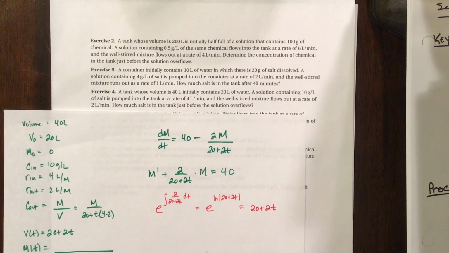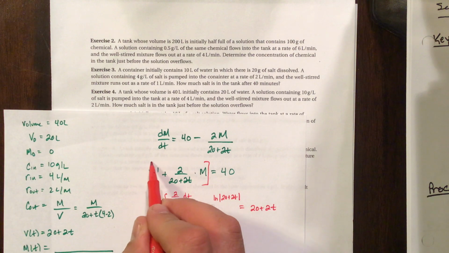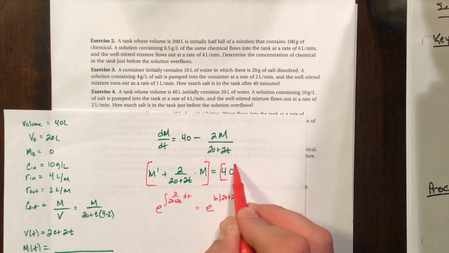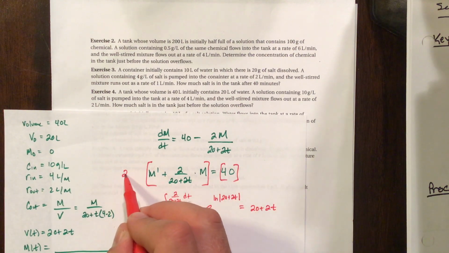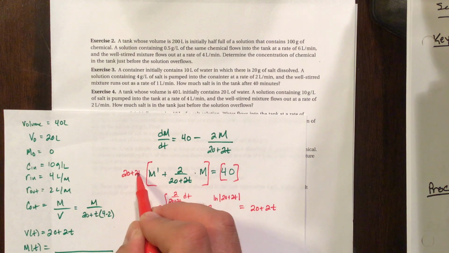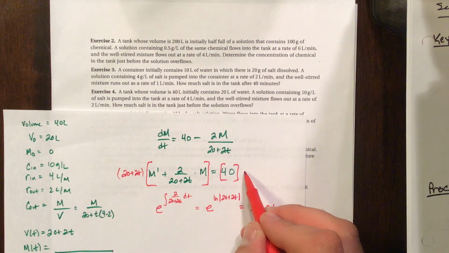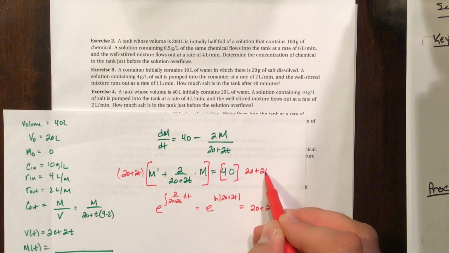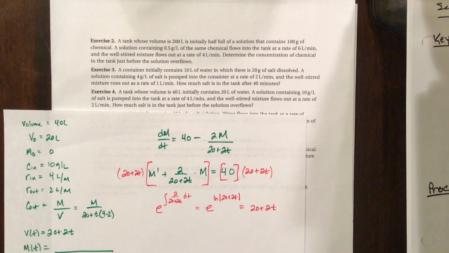So what we do is we multiply the left-hand side and the right-hand side by 20 plus 2t, and what do we get?